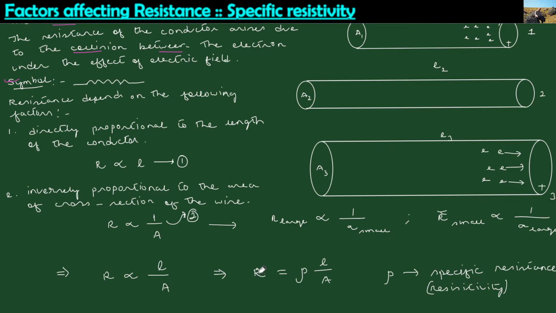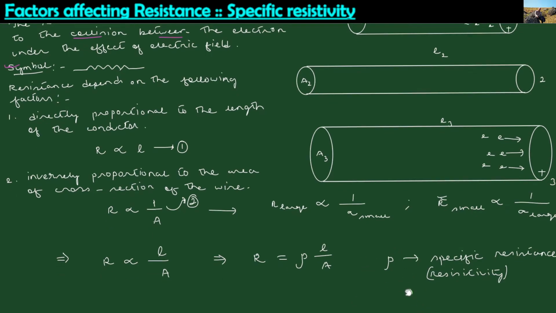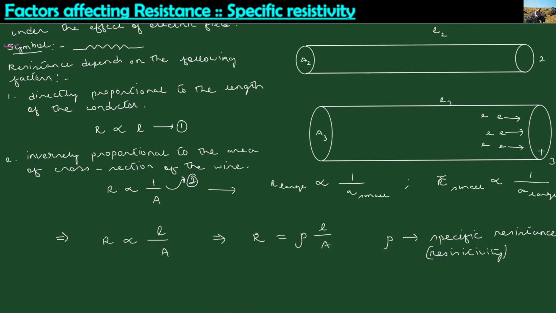Now, before we compare some of those data, let me first write something. This is the formula for the resistance of the conductor, and from here we can write the units of rho.